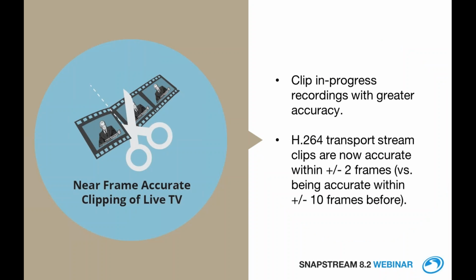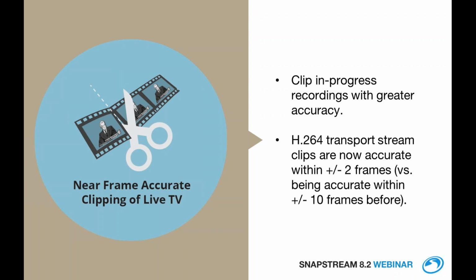Next is near frame accuracy when it comes to clipping live TV. So when you're clipping in-progress recordings, we want to make it as precisely accurate as possible. We're taking every step that we possibly can to improve clipping accuracy. We've gone down to essentially give or take 2 frames from your start point and end point, even when you're clipping live television.